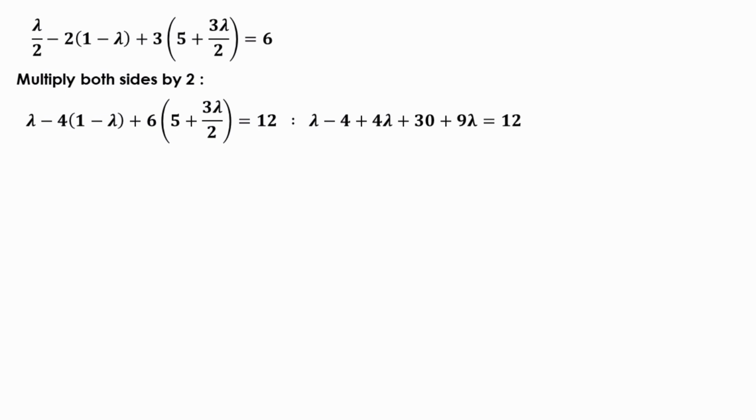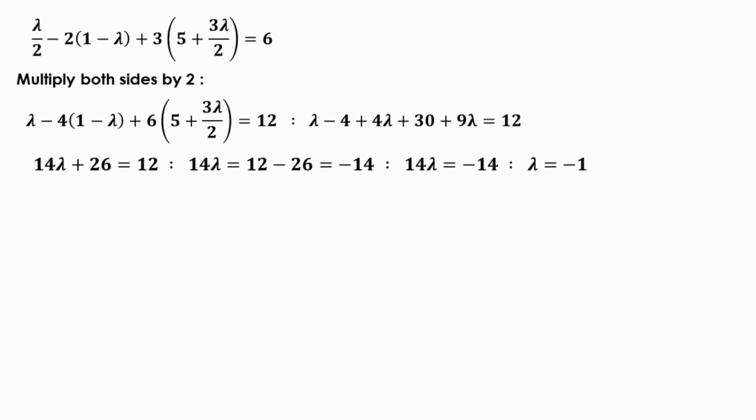This gives us lambda minus 4 plus 4 lambda plus 30 plus 9 lambda equals 12. Let's collect like terms and solve for lambda. That gives us 14 lambda plus 26 equals 12, so lambda is minus 1 after dividing both sides by 14.